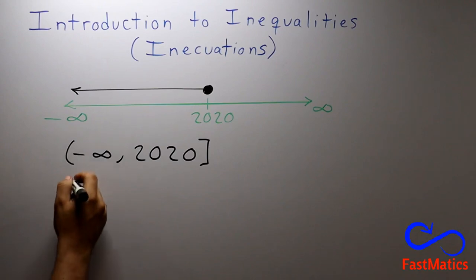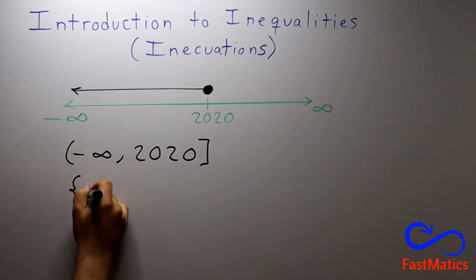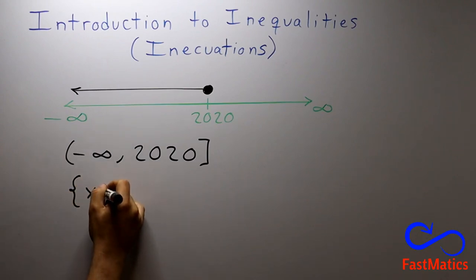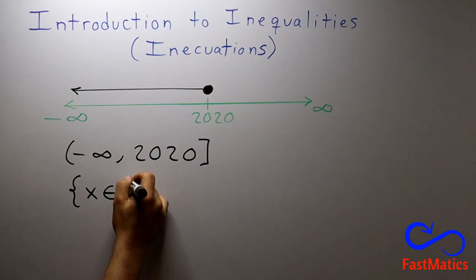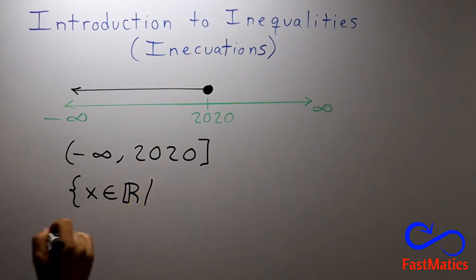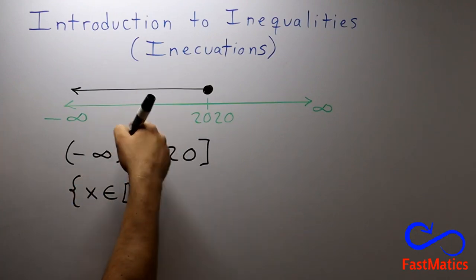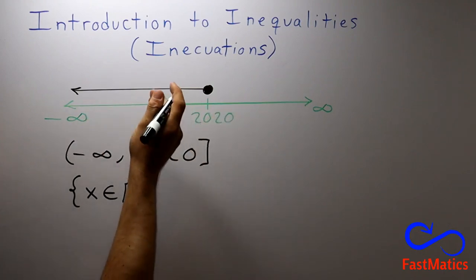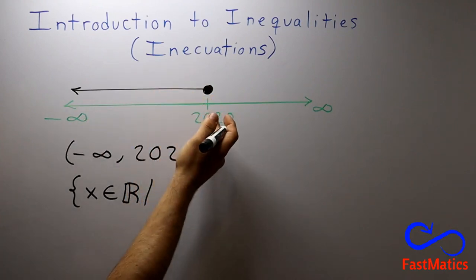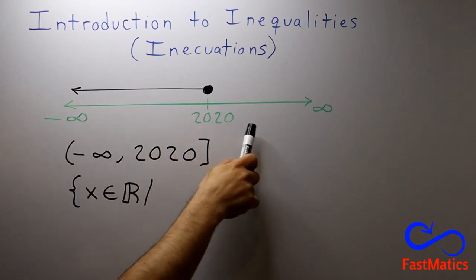Another way to represent that, the set of the numbers, elements of the real numbers, such that, and pay attention here, because we have numbers on the left side of 2020.